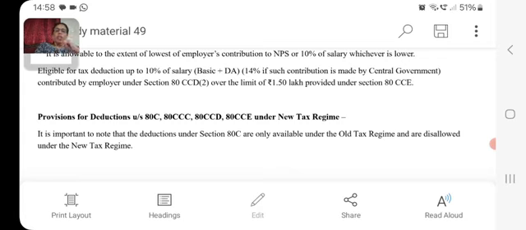That means if the assessee is following old tax regime, he can claim these section 80 deductions. If he is following new tax regime, all these deductions are not available to the assessee except one, that is 80CCD2, that means employer's contribution towards NPS. But to claim that, he has to include this employer's contribution to NPS first in his total income, then only he can claim the deduction.